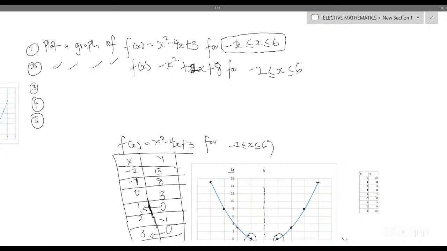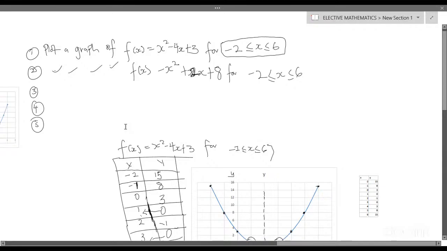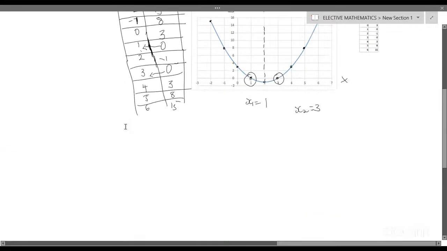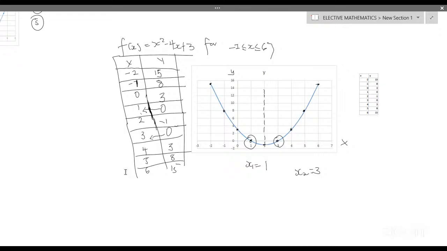Yes, sir. Oh, okay. So for the quadratic equation, we are plotting the graph now. We've not reached the point that we are going to solve them. That's using the quadratic formula, the difference of two squares and the factorization method.